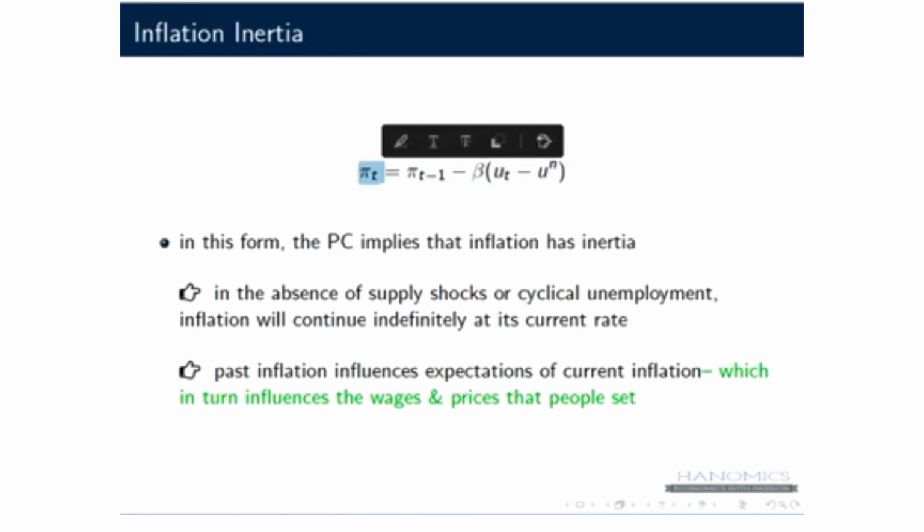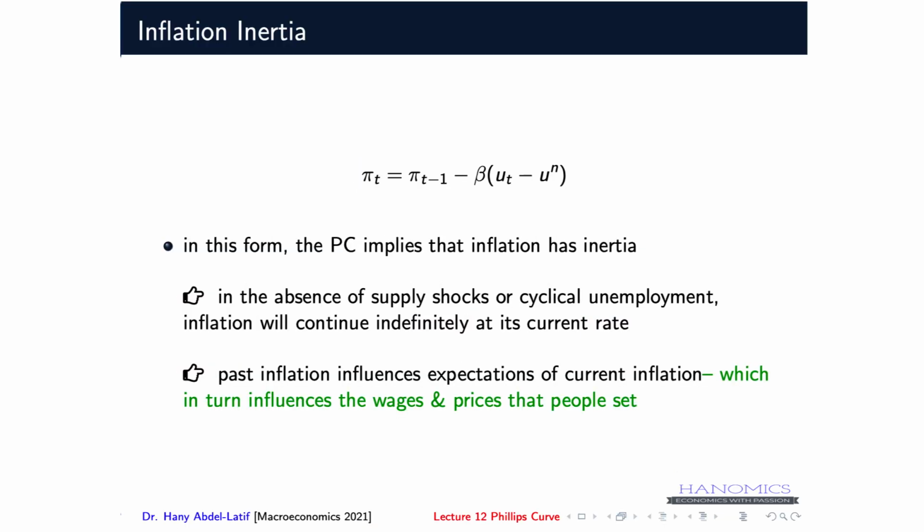It will continue as long as we don't have supply shocks or cyclical unemployment. So the inflation rate will be stable at its current rate. It's not going to change.